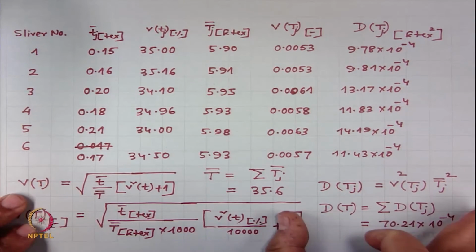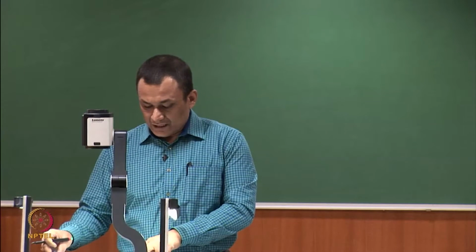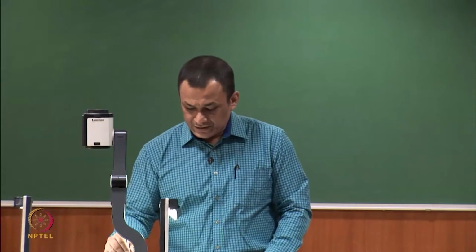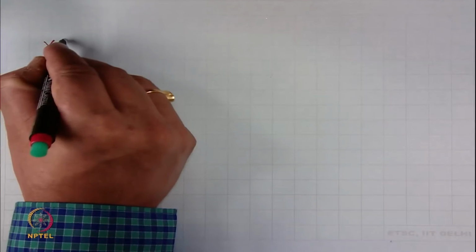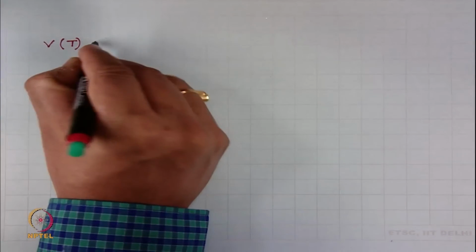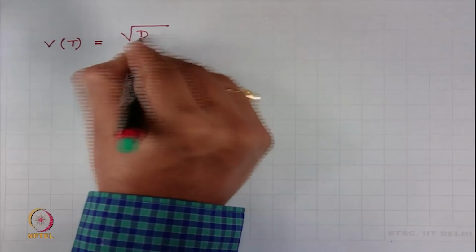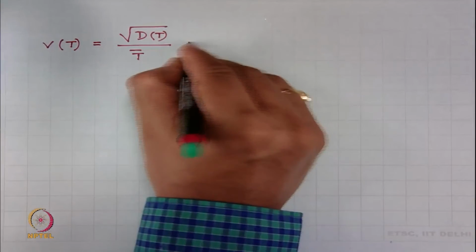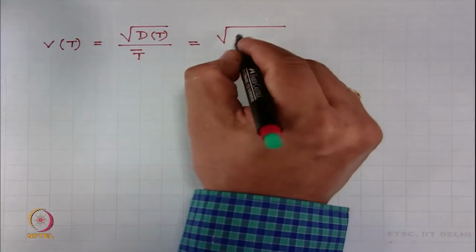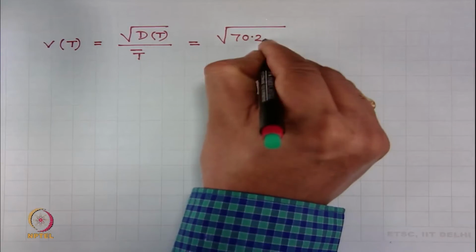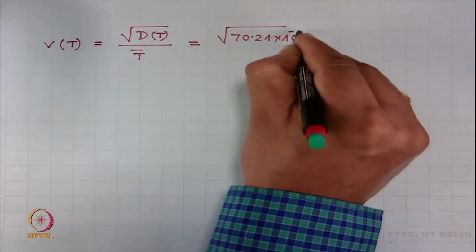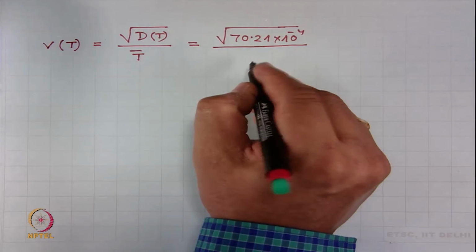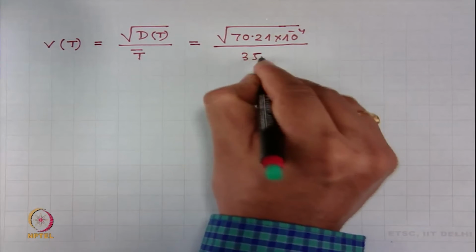you will be able to find out CV. How will you find out CV? Let us go to the next page. So, for the double sliver, this is your 70.21 into 10 to the power minus 4 and T bar is your 35.6.